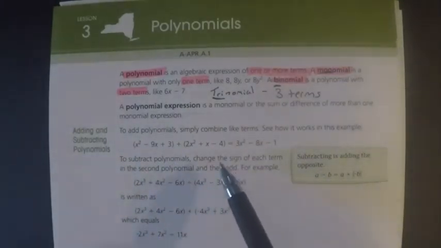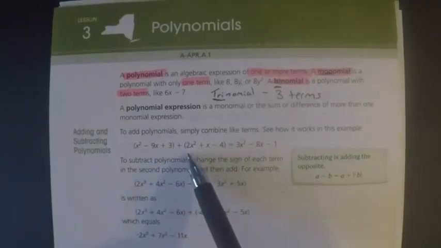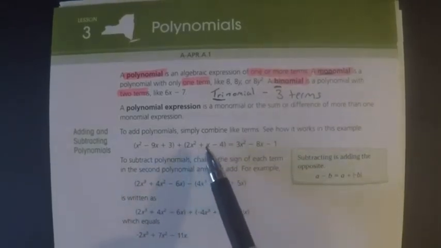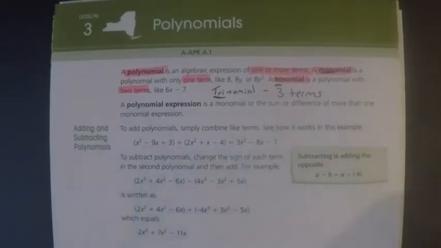Then they're adding the second polynomial, which is in our second set of parentheses, which is 2x squared plus x minus 4. When we're combining like terms, we need to identify our like terms. A like term is anything that has the same variable to the same exponent, or if it's just a number without a variable, that is a like term with other numbers that are just constants without variables.